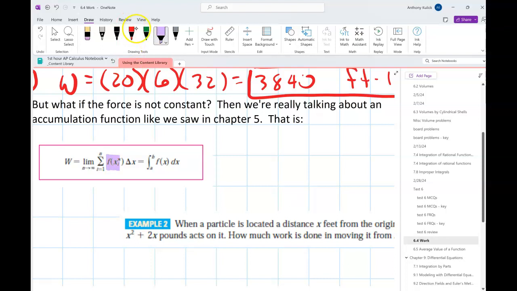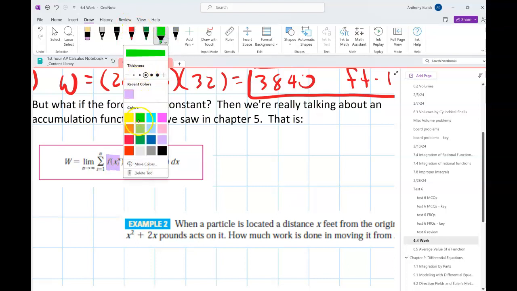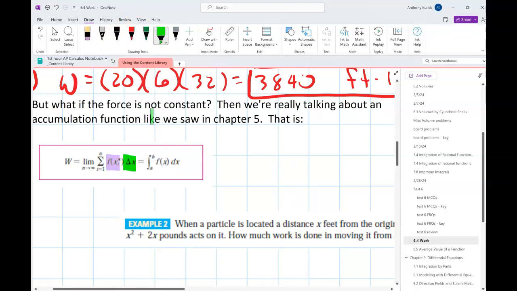So again, force and distance, and add up infinitely many of these. What does it sound like when we're adding up infinitely many things? Sounds like an integral, right? An integral is where you're adding up a million little tiny slivers or something. That's what an integral really is.